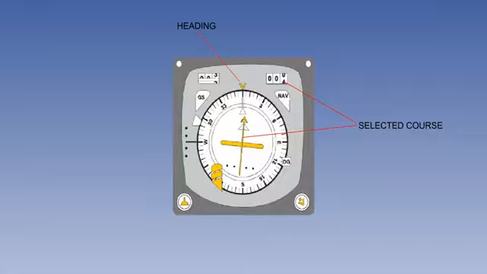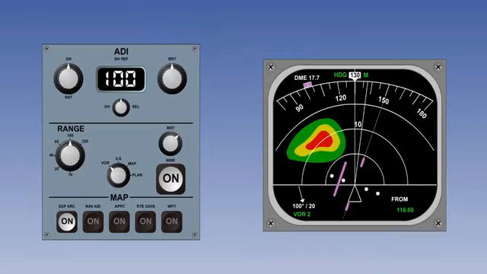It will show the heading selected. Here we see that the heading is 360 degrees, and it will show the deviation of the aircraft from the selected radial to the VOR. The HSI may also show the distance to the VOR. An electronic HSI may be able to display other information, depending upon its sophistication, such as terrain, weather, or the proximity of other aircraft.